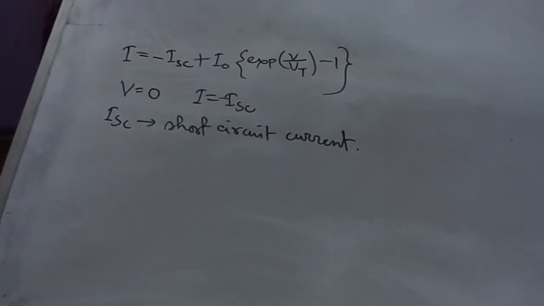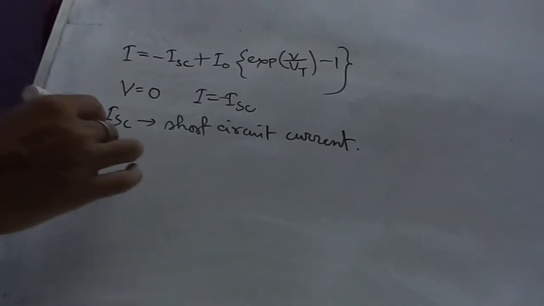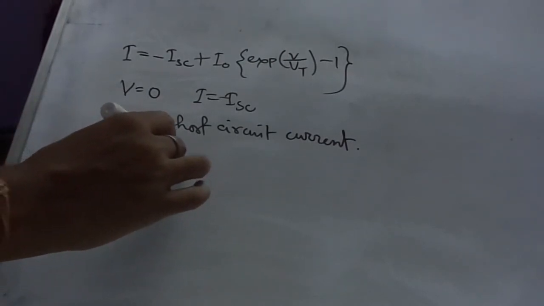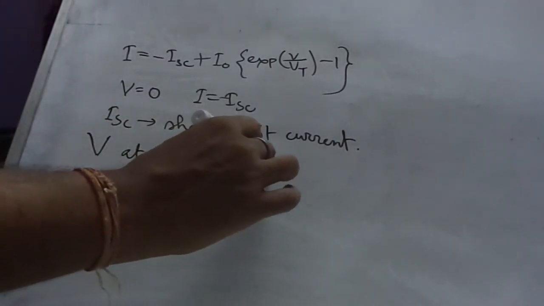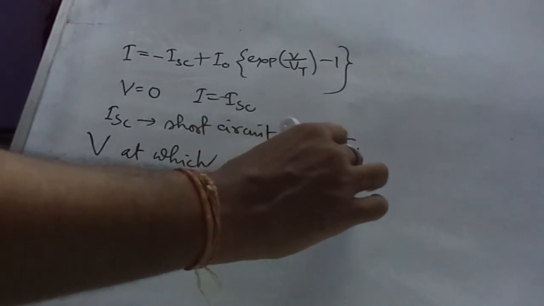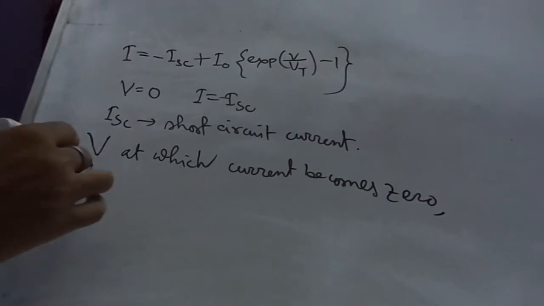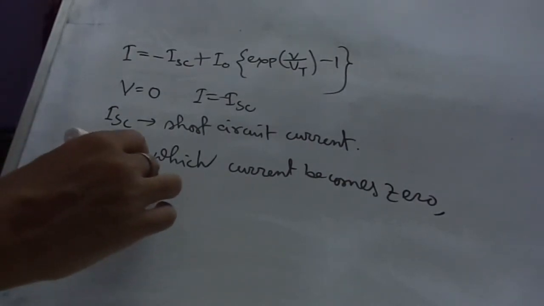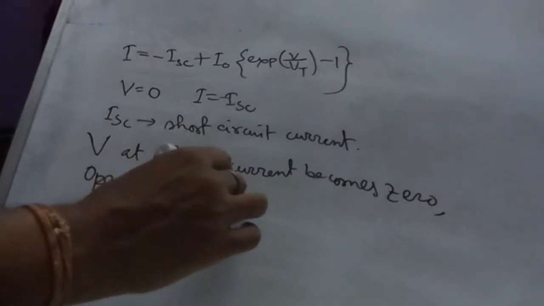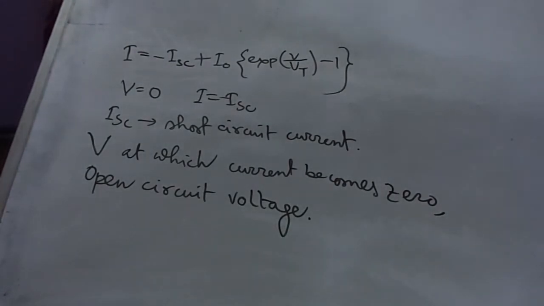The voltage at which current becomes zero is known as open circuit voltage, VOC.